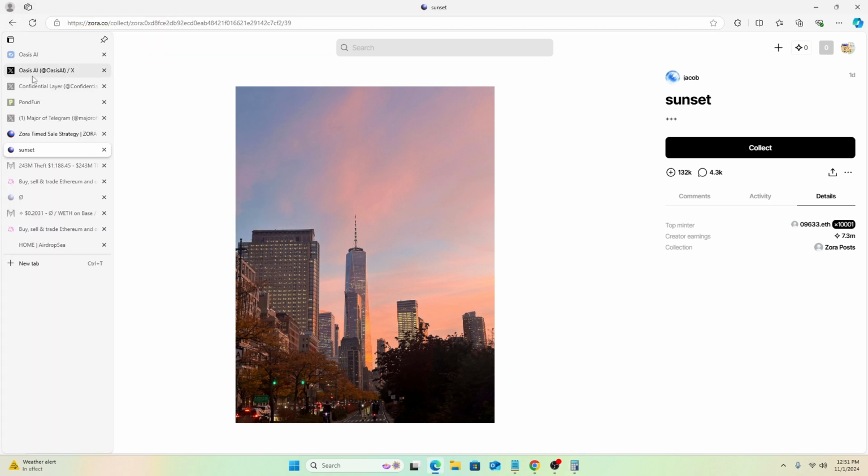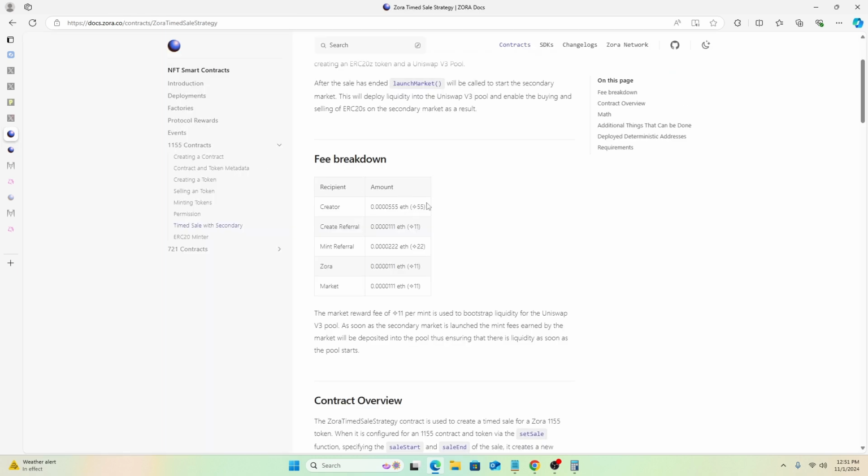Okay, so you see, of the 111, around 50% goes to the creator, 55. Now the remainder is broken down. Now those who share their referral link, so there are some who may not be interested in posting and stuff like that, but they are curators basically, and they see a mint that has the prospect of visibility, they consider tangible, they propagate it and earn a cut of the referral fees.